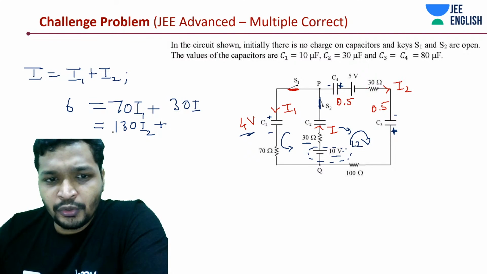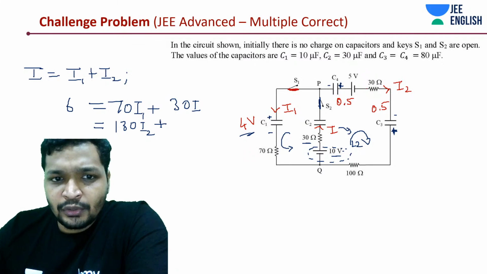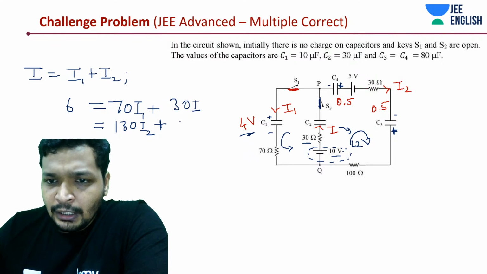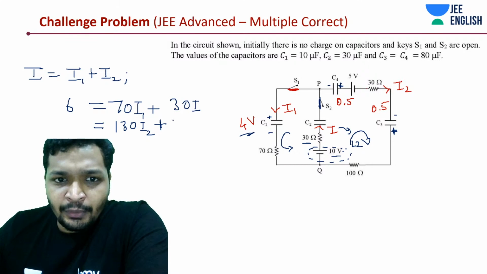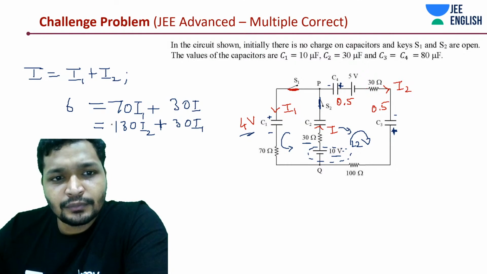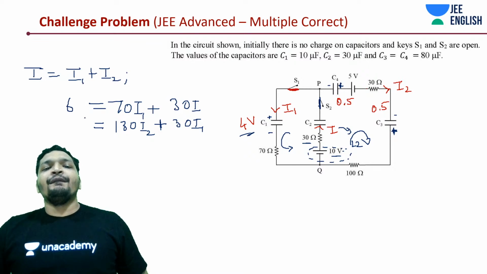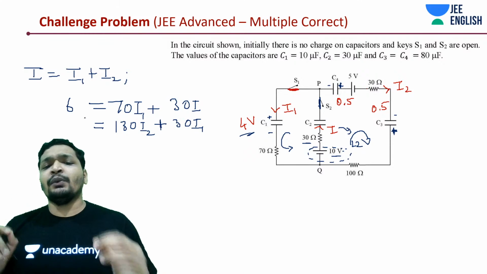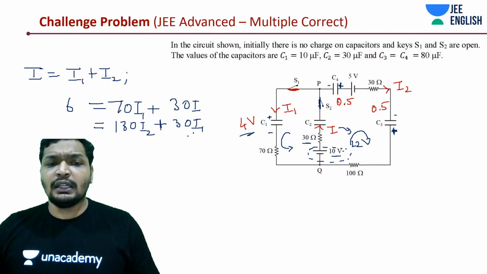We are analyzing loop 2. 130 I2 plus how much is this? 30 I1. We need to basically find out I only, so just focus on that.